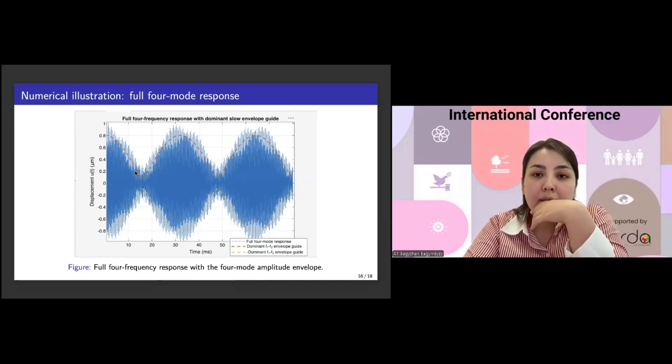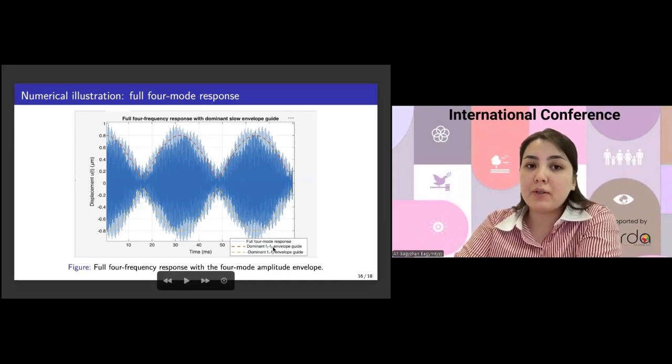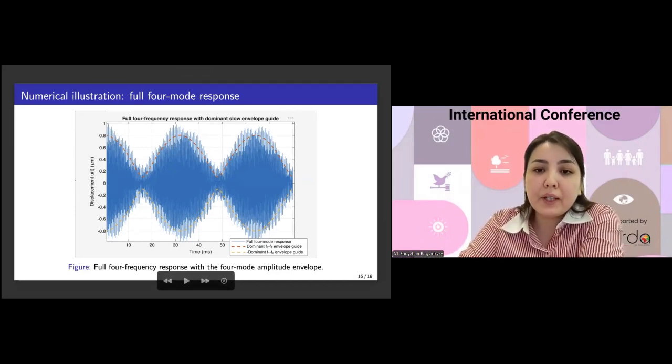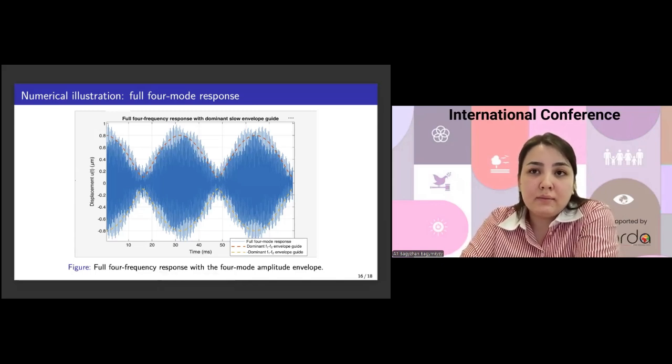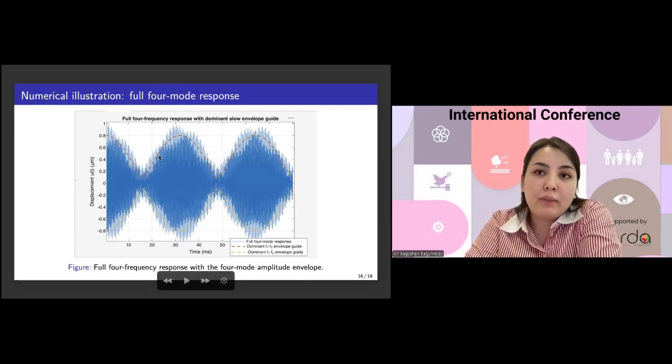And the main idea is that, as I mentioned before, because these two frequencies, F1 and F2, are close to each other, they can show this envelope and slow modulation.